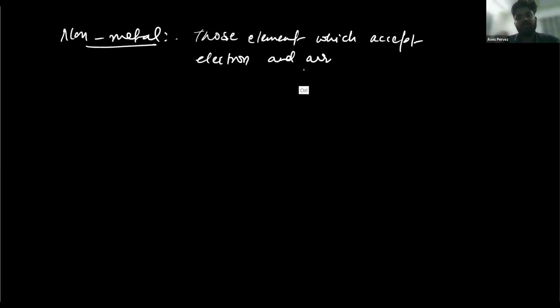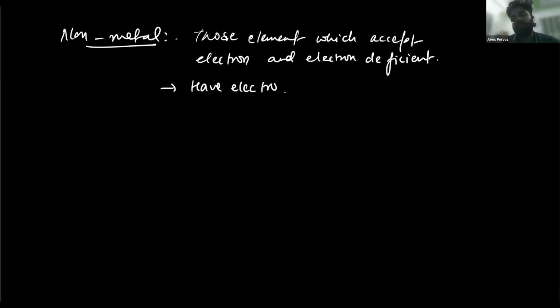Those elements which accept electrons and are electron deficient, which means they are not electron rich, have 4 to 7 electrons in their outermost shell.